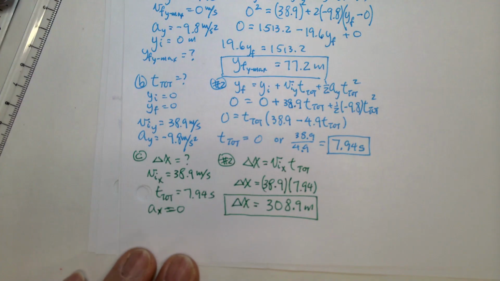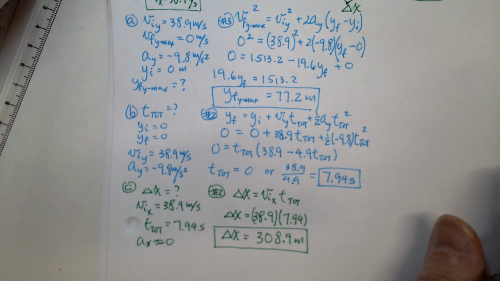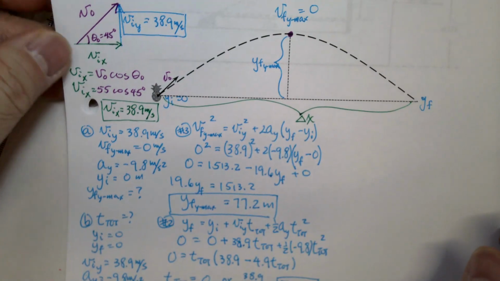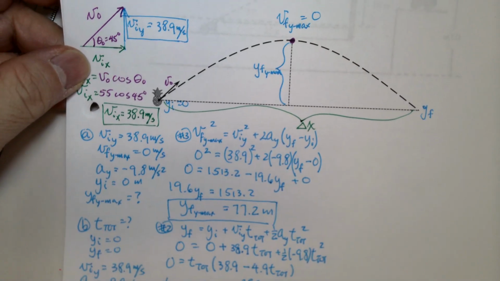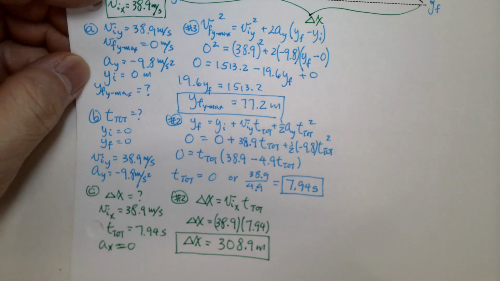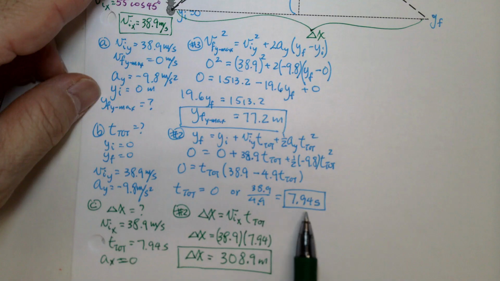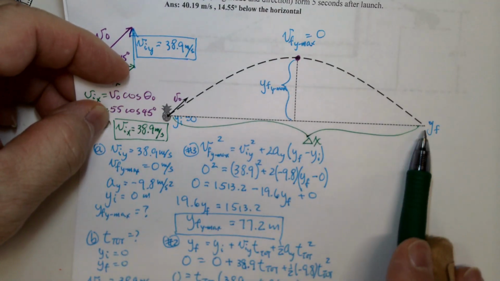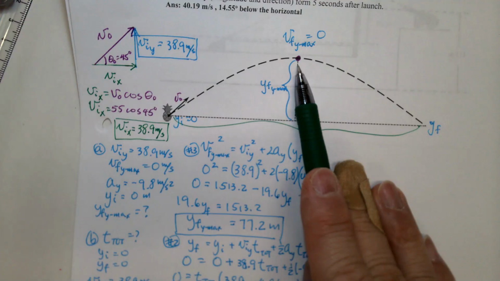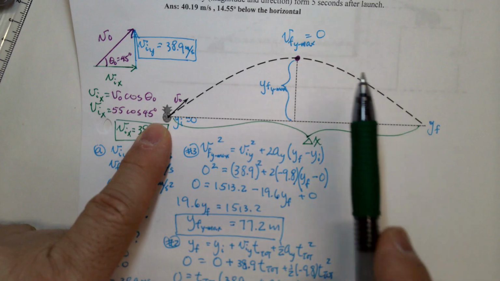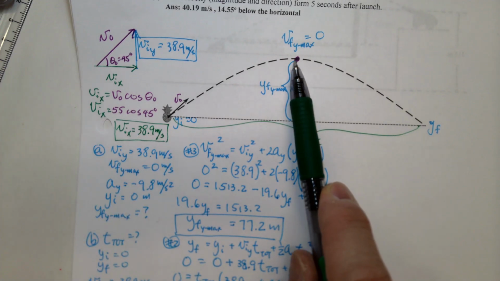Now for part D. Is the pineapple moving upward or downward at the 5-second mark? Well, just by using logic, if it takes about 8 seconds to go from here to here, what should the maximum height time be?